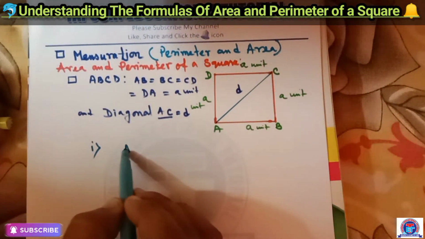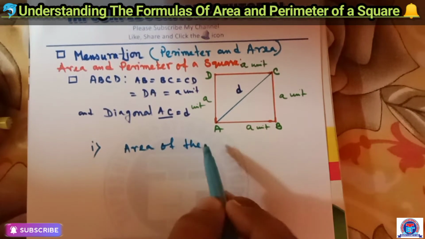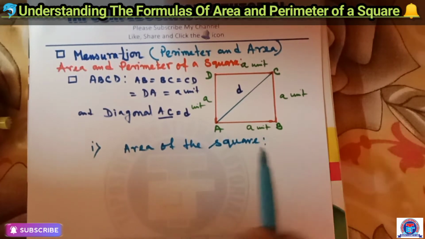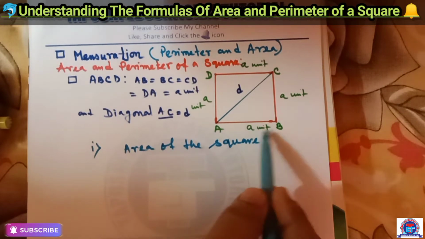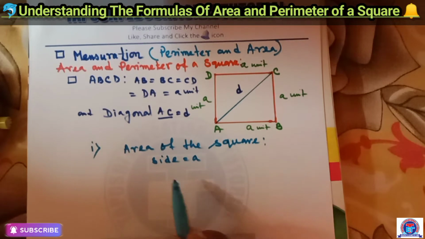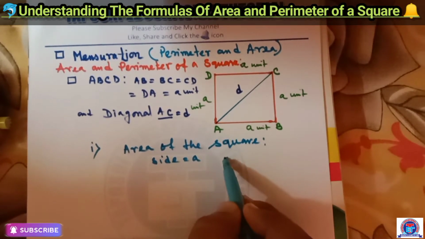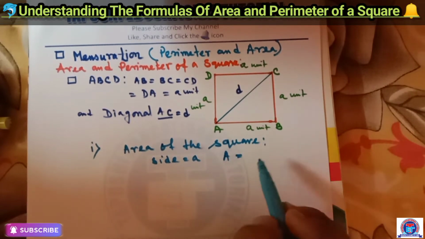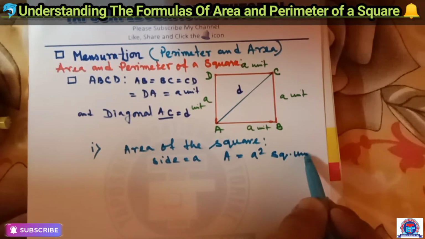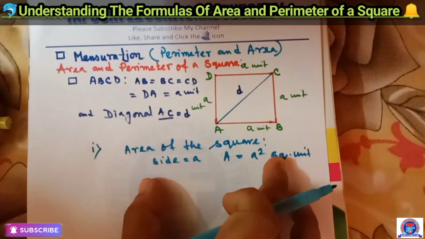So we write area of the square. Here we consider the side is equal to A. Then area is equal to A square unit. Okay, so this is the formula of area of the square.